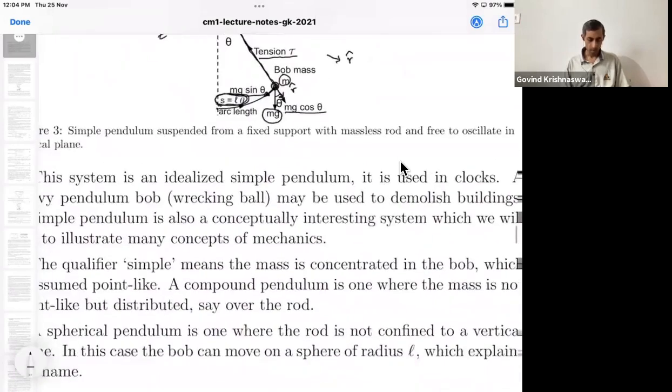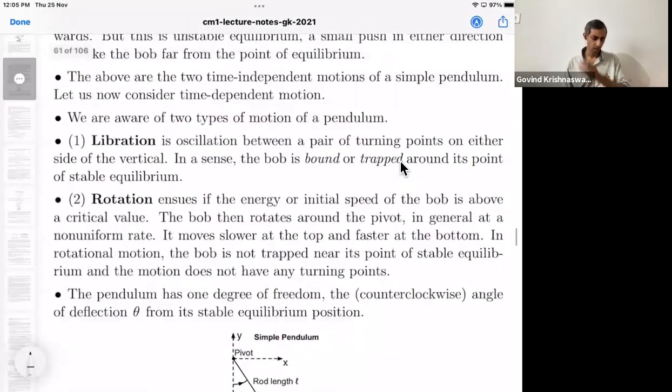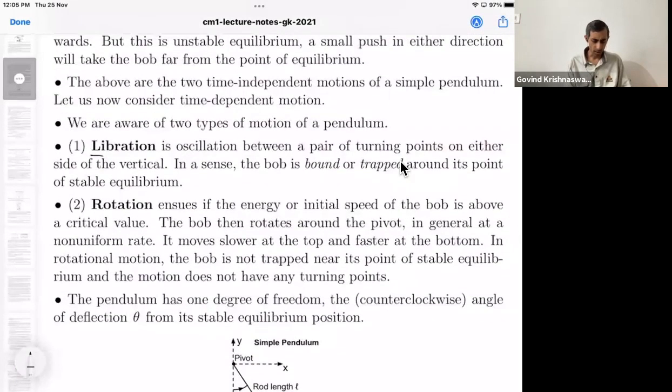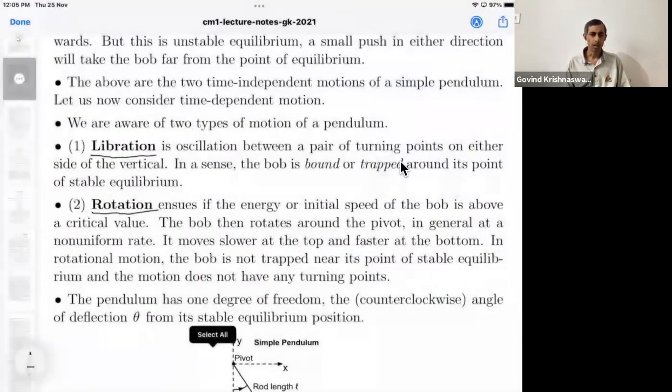Now, by using Newton's second law, we arrived at, we also mentioned that there are two general types of qualitative time-dependent motion. One is libration, the other is rotation. Libration had to do with oscillation between a pair of turning points on either side of the vertical.